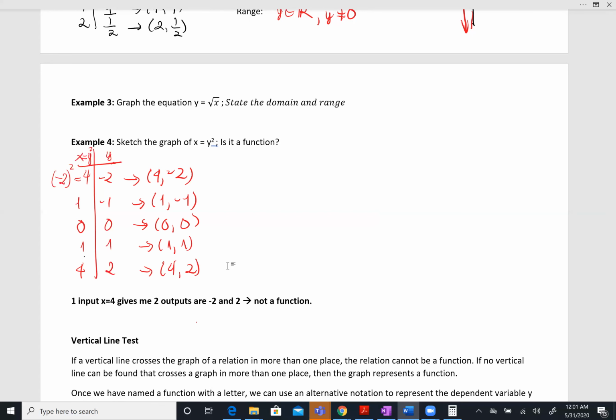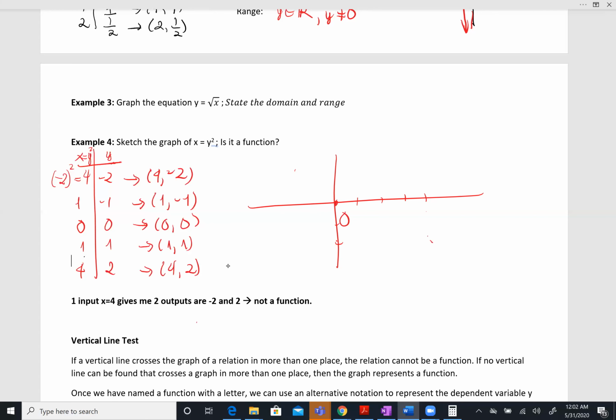So according to this, I can sketch the graph, and I know that this should be a horizontal parabola, which starts from 0, 0, the origin, and let's say 4 and -2, so 1, 2, 3, 4, and -2.